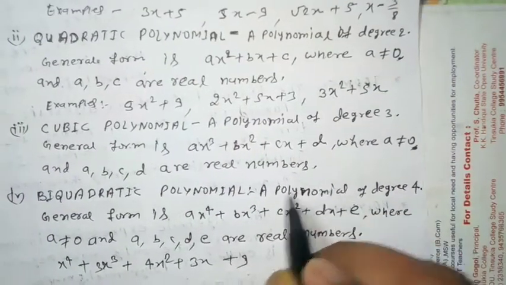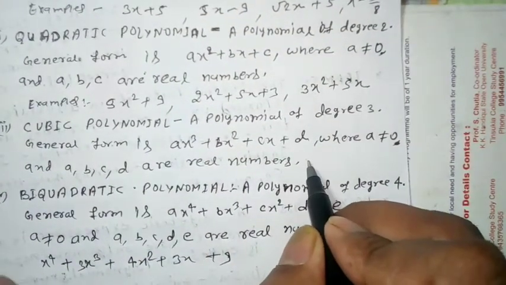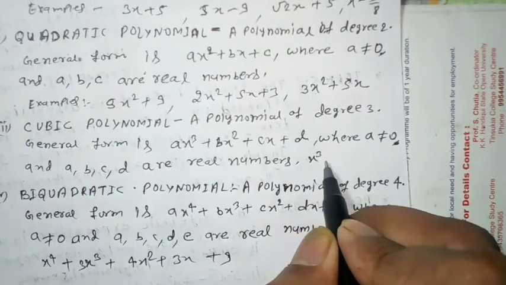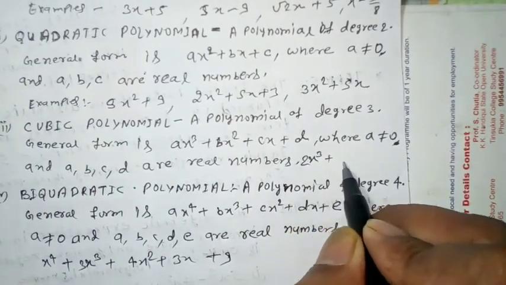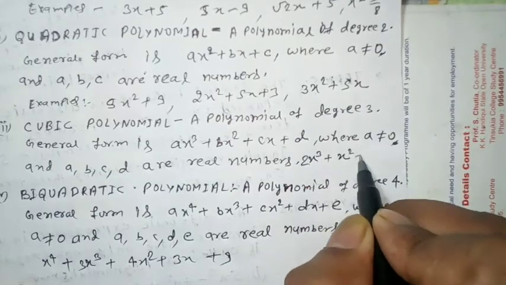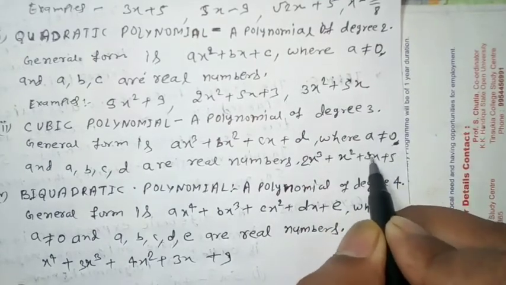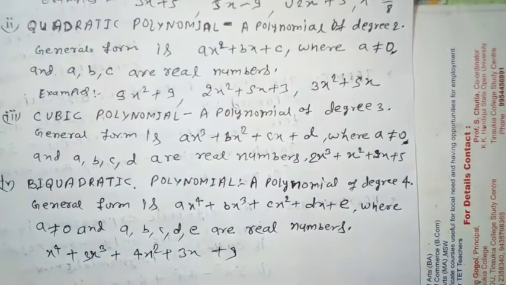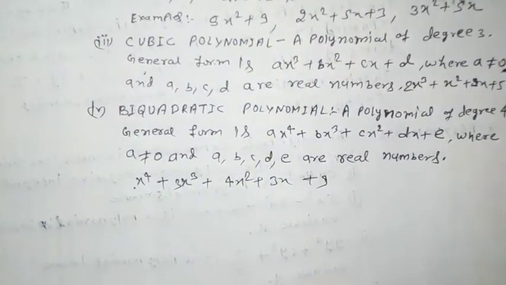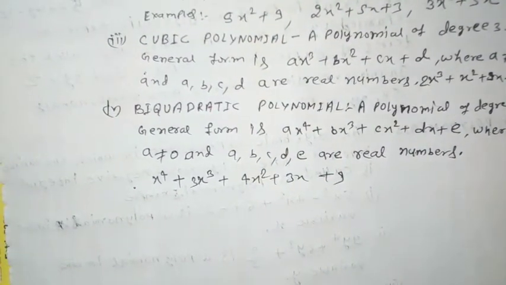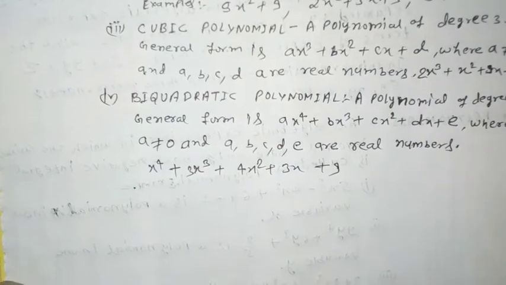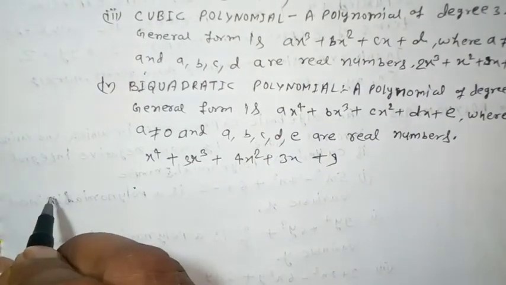For example, in this case, 2x to the power 3 plus x square plus 9x plus 5, and many other examples. Okay, now the next term, zeros of a polynomial.